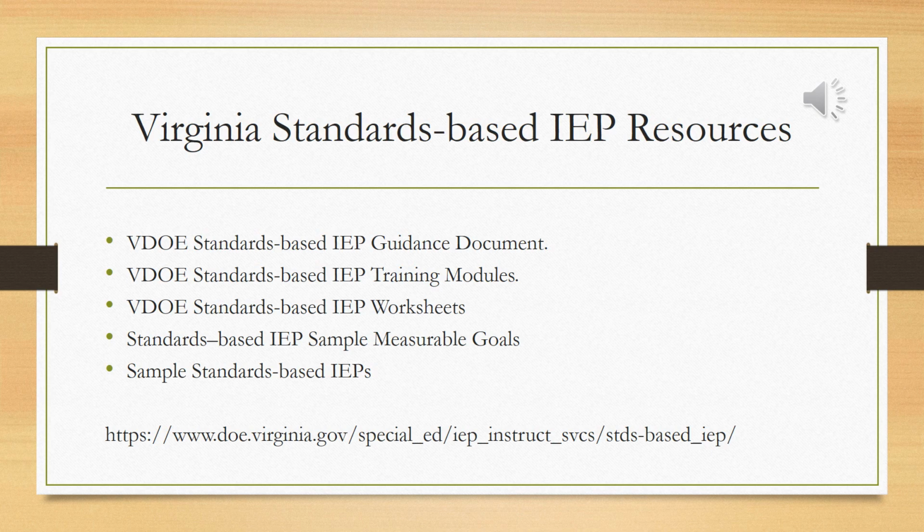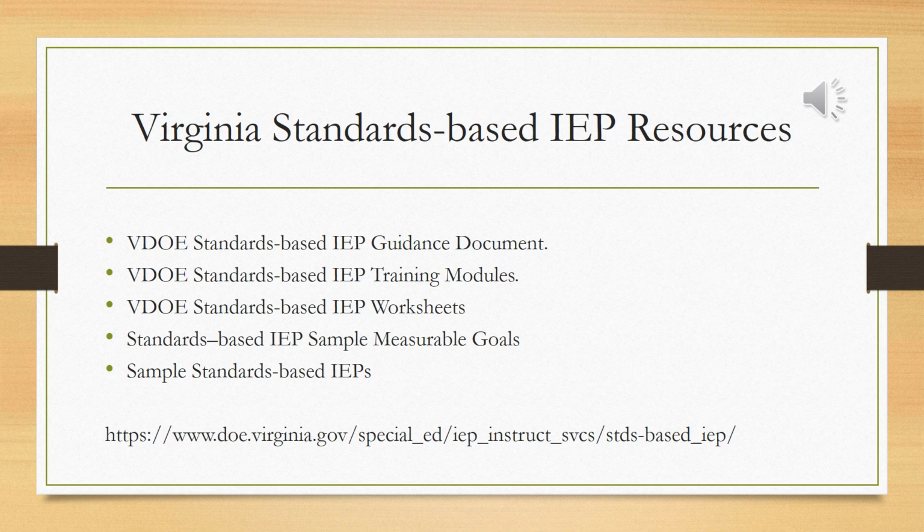There are several resources available on the Virginia Department of Education website that can help with developing standard-based IEPs. We'll actually be reviewing most of these in our course. We'll be talking about the standards-based IEP guidance document. We'll be looking at the standards-based IEP training modules.